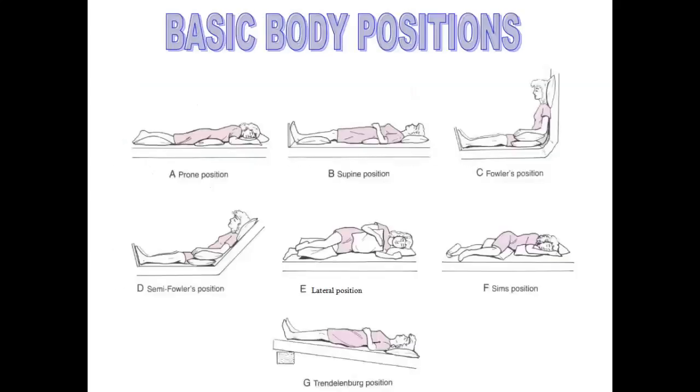The basic body positions are prone position, where the patient lies on the stomach; supine position, where the patient lies on his back; Fowler's position, where the patient sits at a 90-degree angle; semi-Fowler position, where the patient is reclining; lateral position, which could be left lateral or right lateral; Sims position; and Trendelenburg position. These are the various basic body positions.